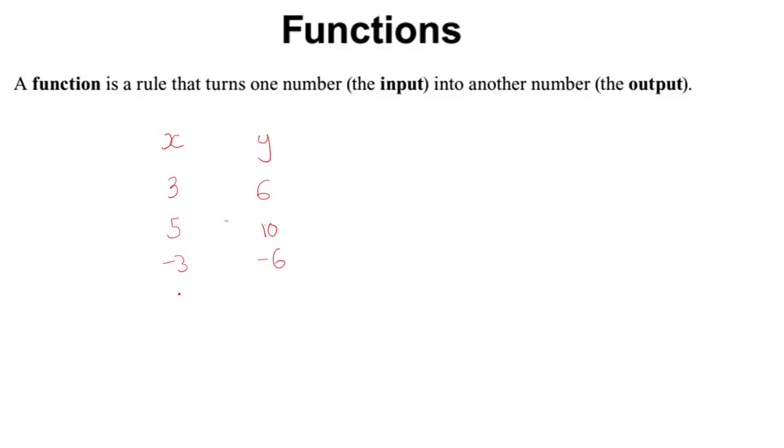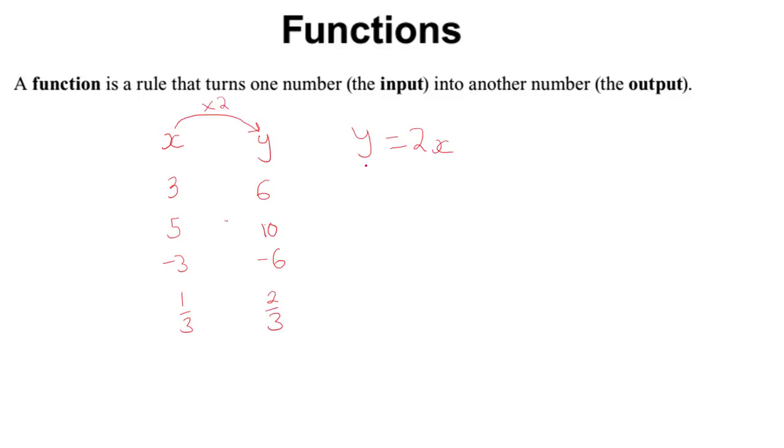Start with any number, say for example 1/3. If I double 1/3, I'm going to get 2/3. So what you can see is that starting with x, to find what y is, all you need to do is double the x. So to find y, all I need to do is to double what x is.